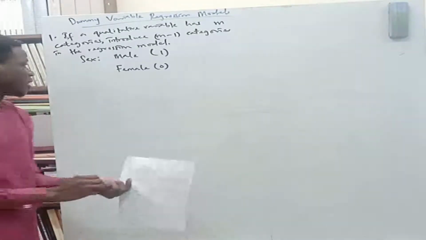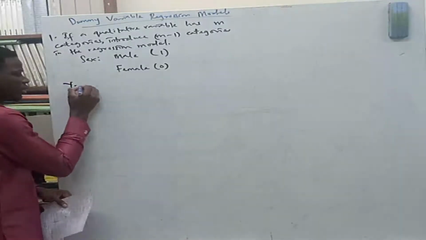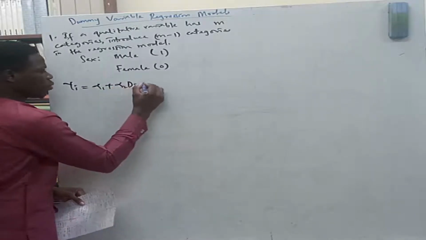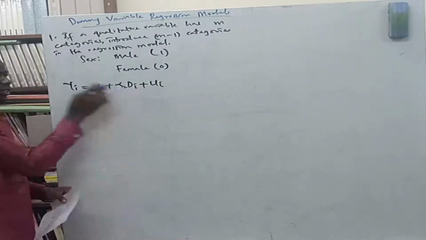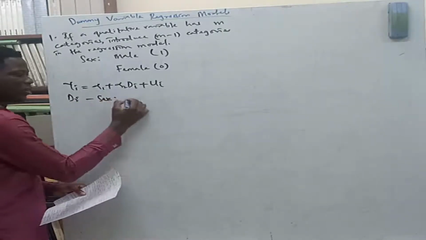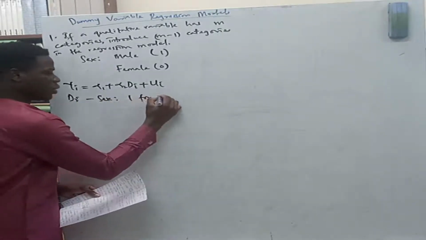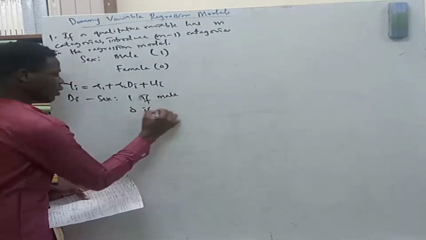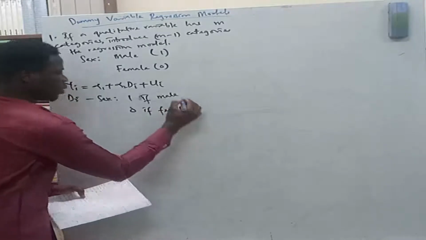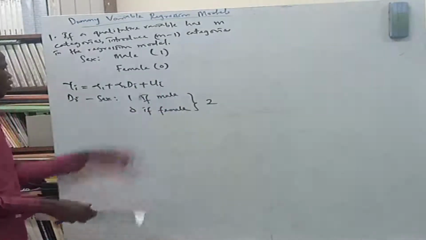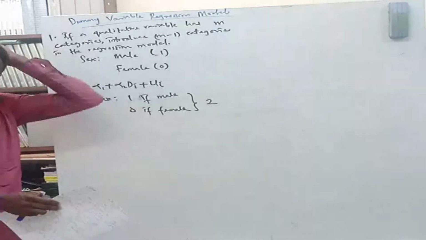And you will also notice that in the example I gave earlier, I wrote it as alpha 1 plus alpha 2 di plus ui, and I said di is a dummy variable for sex, 1 if male, and 0 if female. Now you will observe that there are 2 categories here, male and female, and I introduced just 1 dummy variable here.